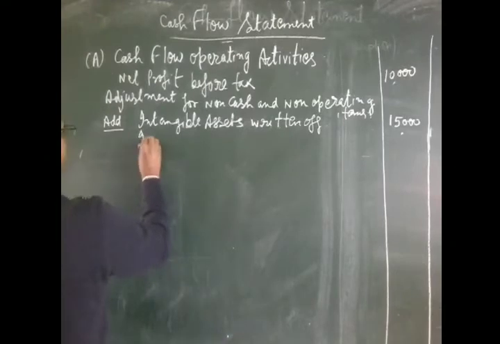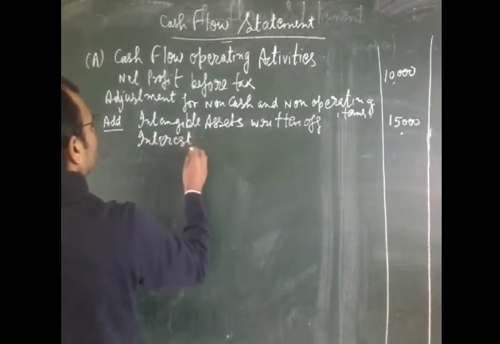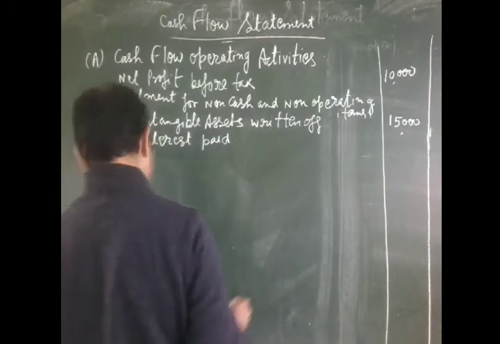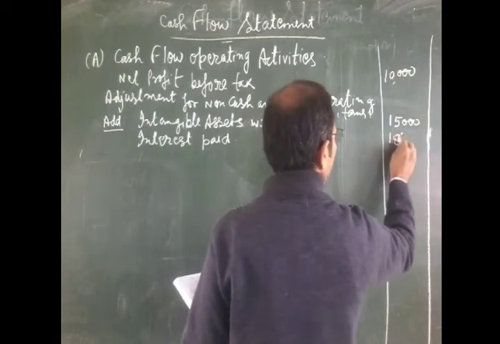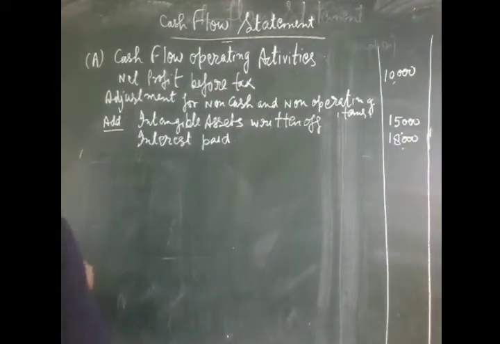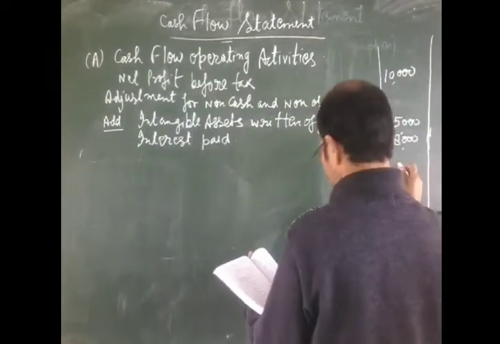Interest paid, and the amount will come 18,000. In this way we will add all these three items.